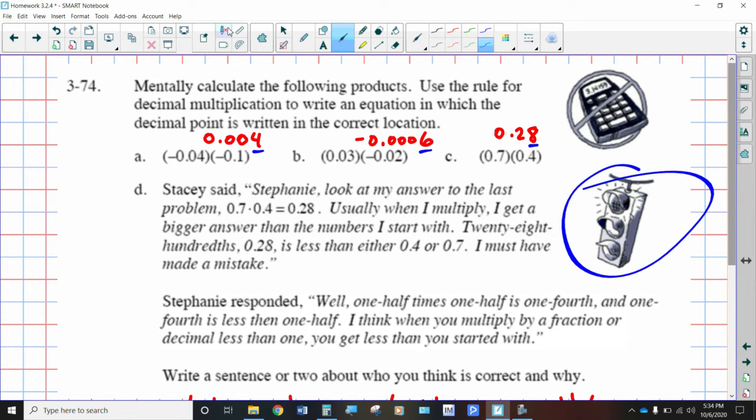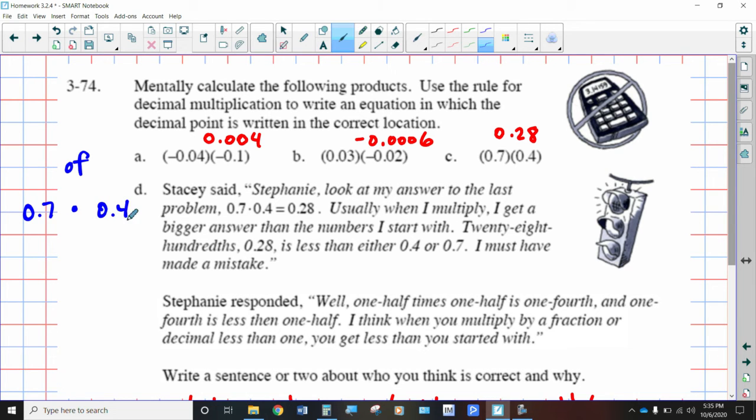Because if you think about it, if we go back to multiplying and using the word of, if I take 7/10 times 4/10, what you're basically saying is 7/10 of 4/10. And if I change this to 10/10, if it was 1 times 4/10, you would get 4/10 for an answer, right?